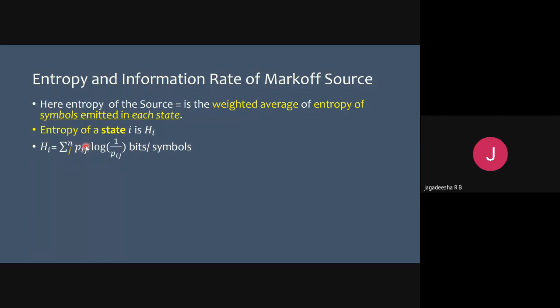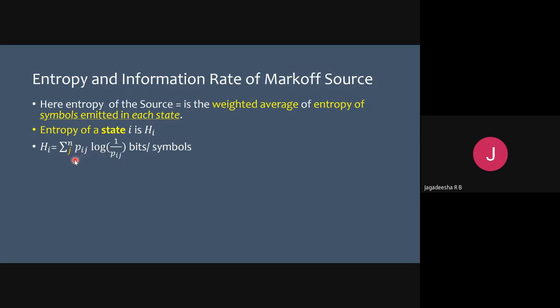This kind of equation we have seen even in case of an independent source. The entropy is Pij, or there it was Pi, here it is Pij log of 1 by Pij.